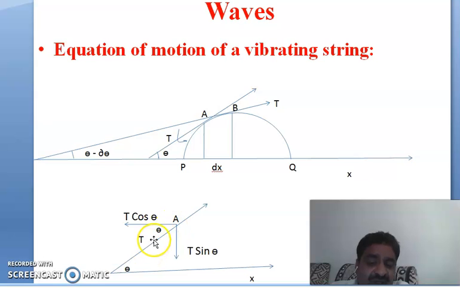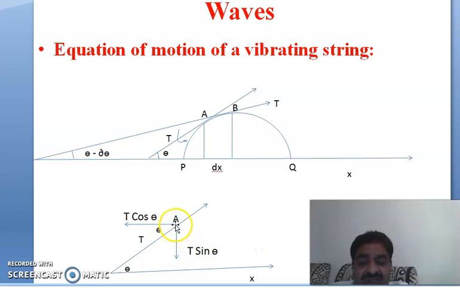And if we draw a perpendicular like this, from this to this is 90 degrees, and this is the opposite side. You know the trigonometric relations: sin theta is opposite upon hypotenuse. Likewise, cos means adjacent to the hypotenuse, sin means opposite to the hypotenuse.